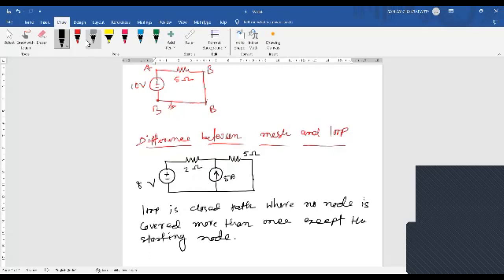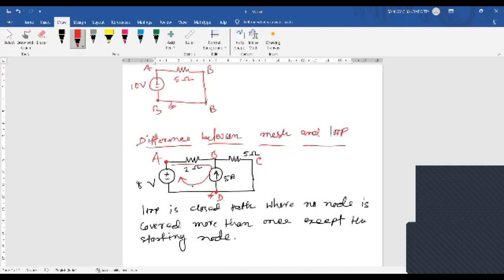It means, suppose this is point A, this is point B, this is point C, and all these are the reference. Suppose this node is D. If I start from this point A, move through this path and come to A again, I am covering node A twice.